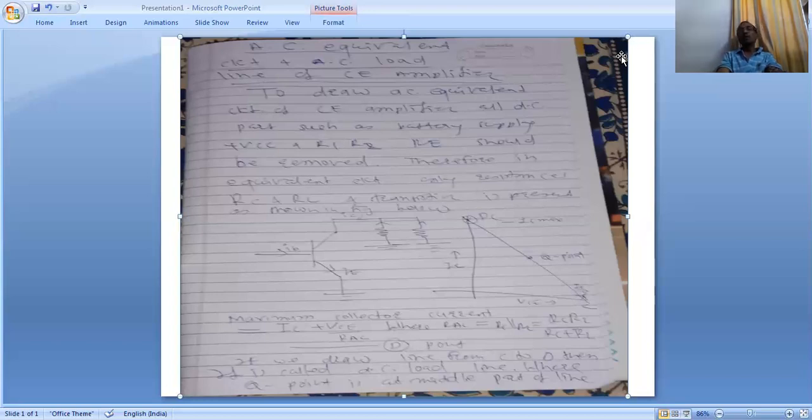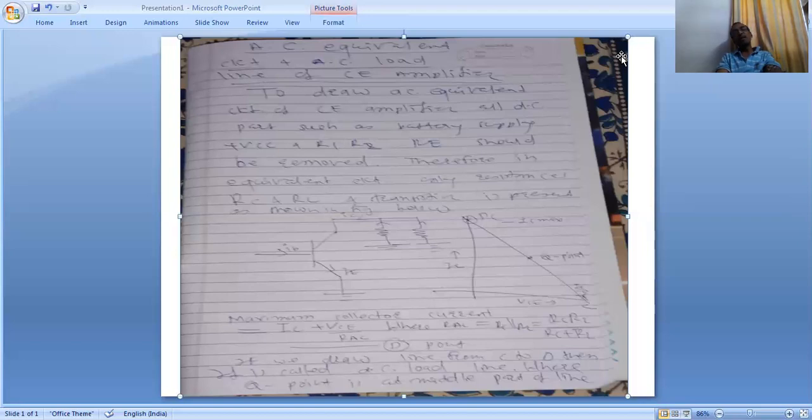While drawing the AC equivalent circuit, only the transistor is present, and at the collector terminal, collector resistance RC and load resistance RL are connected, which gives the current IC to the collector terminal.